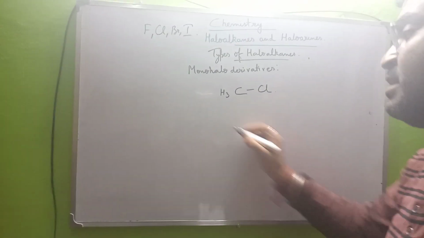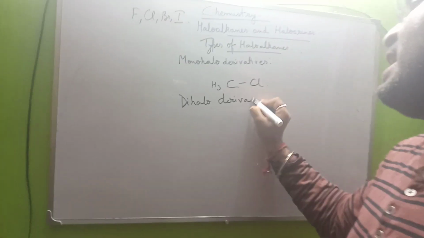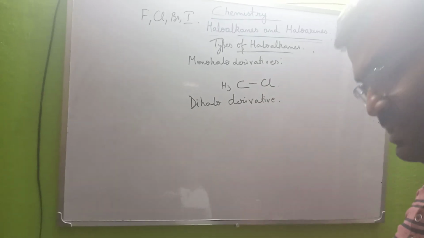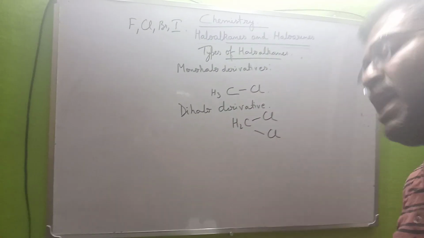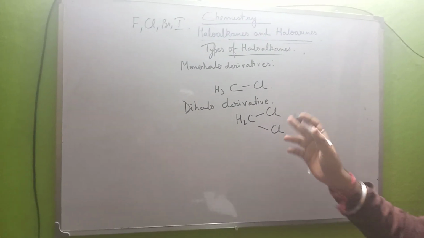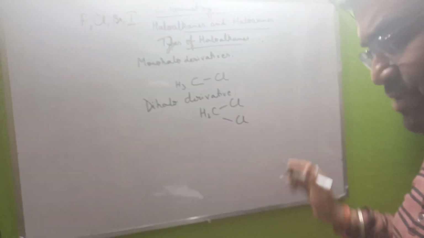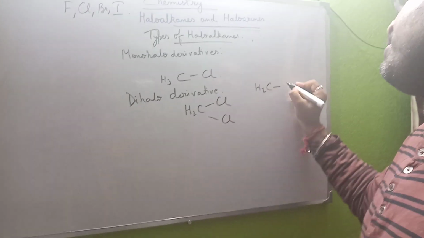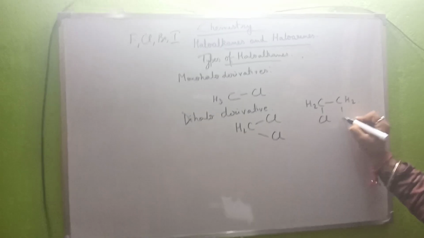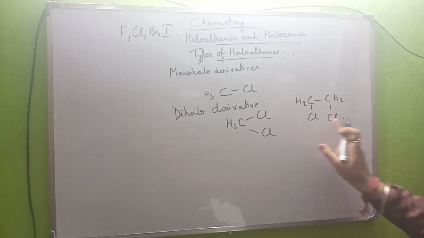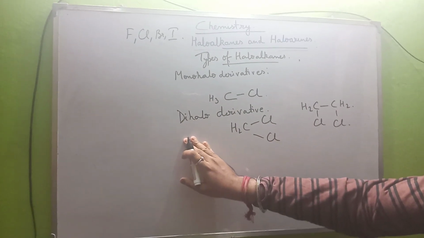Apart from this, there is the dihalo derivative. A single carbon can have two halogens, so we call this a dihalo derivative. We can also see two adjacent carbons, each having a halogen, which is also known as a dihalo derivative.